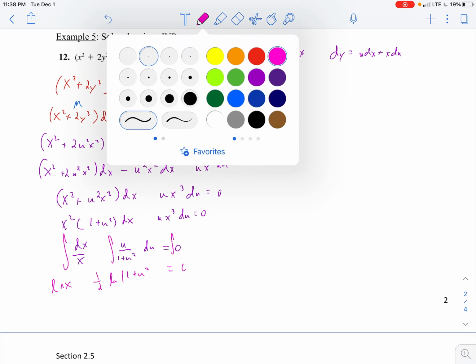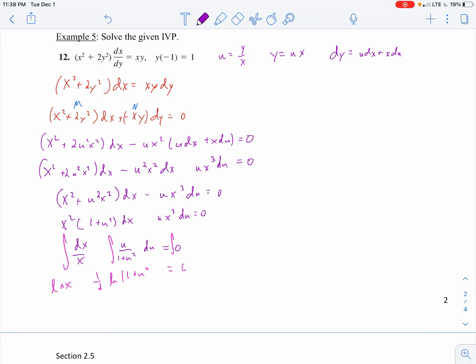So let's go ahead and fix that. That's minus, that's minus, that's minus, and so this should be minus. So natural log of x minus 1/2 natural log 1 plus u squared equals c.